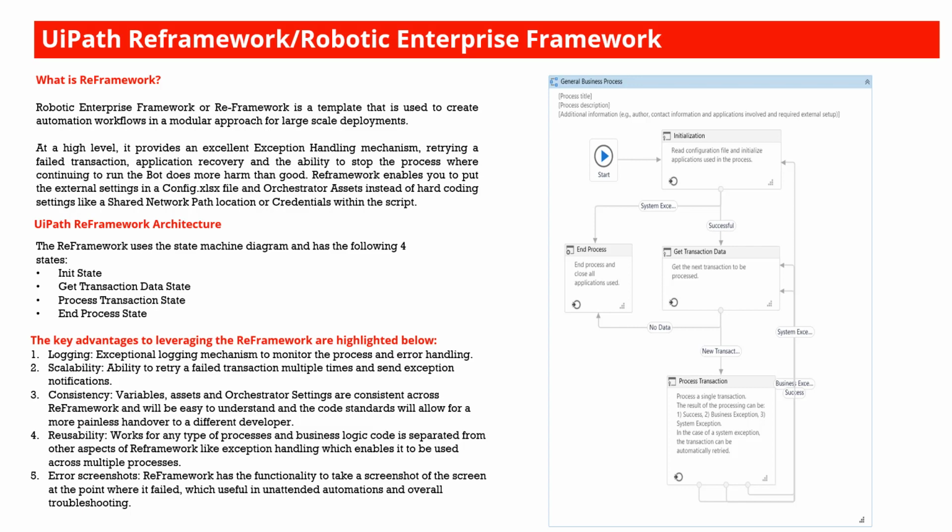So you should be able to store the code in a workflow, but all the config required to run the bot in a file called config.xlsx. And then you should also be able to use Orchestrator assets instead of hard-coded values, for example, shared network path, credentials, application URL, email addresses, and all those kinds of things. So that's the beauty of the RE framework.